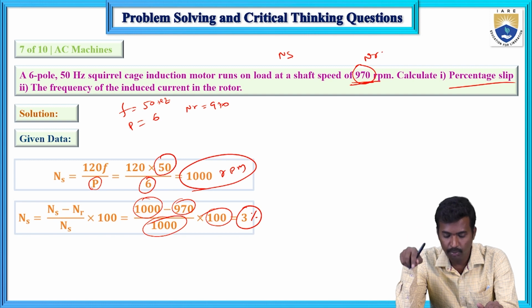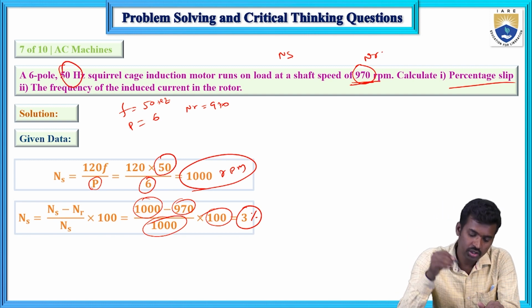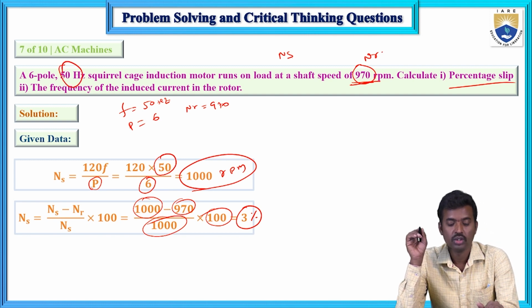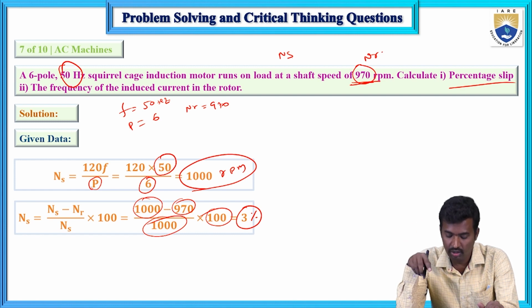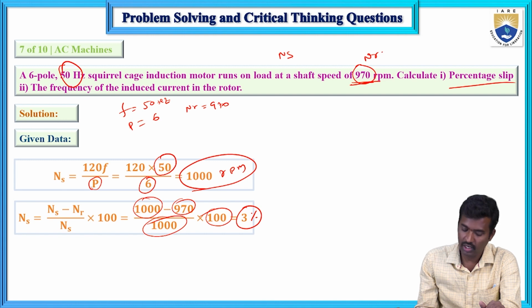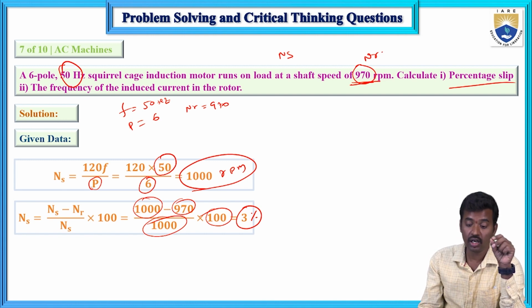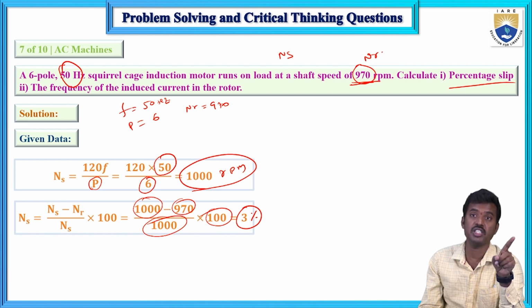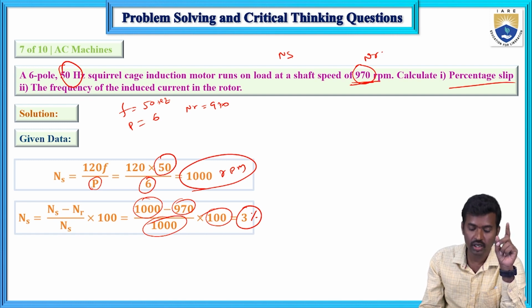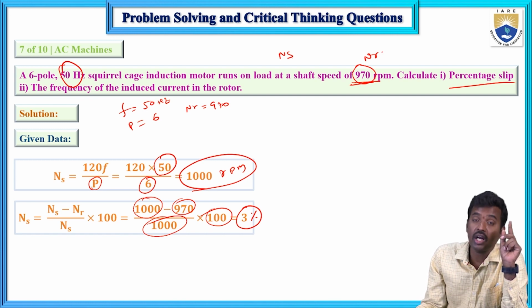Now from this slip and the stator frequency of 50 Hz, we can determine the rotor current frequency. In the question they are asking for the frequency value, not the current value.